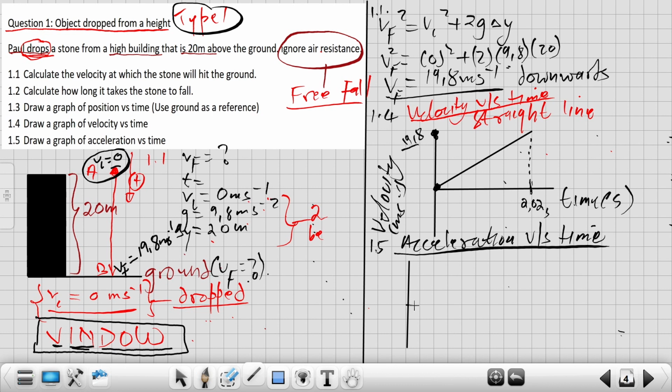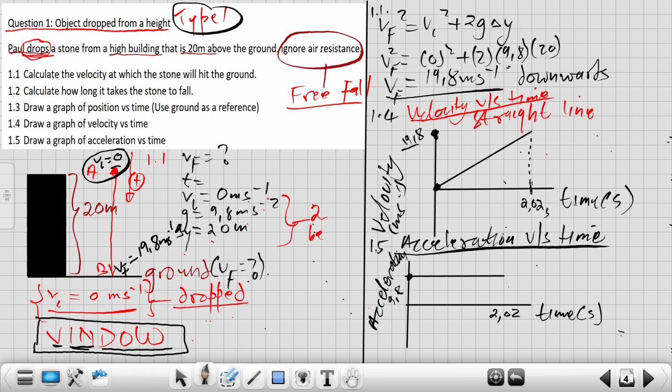We did say that our acceleration will be 9.8 meters per second squared, and it will be that throughout. So I'm going to write here that we have acceleration, and then we have our time here. But what was our value for acceleration? It was something like 9.8 meters per second squared. So it was the same throughout until we got to a point where the object hit the ground, at what time? At 2.02 seconds.